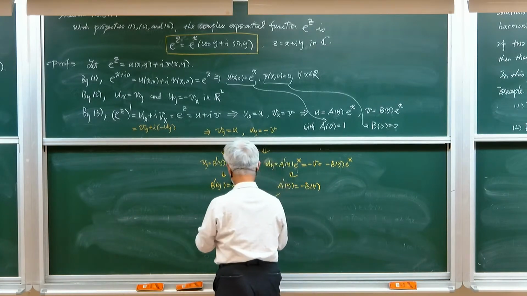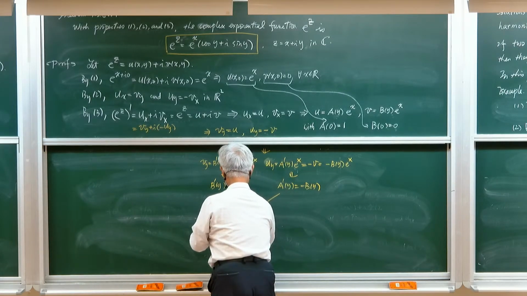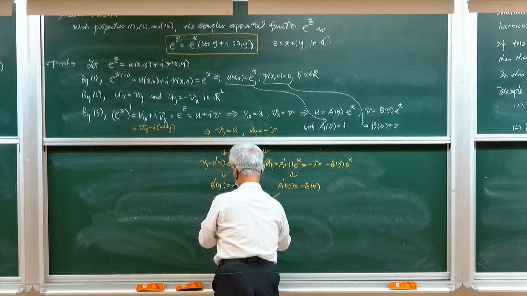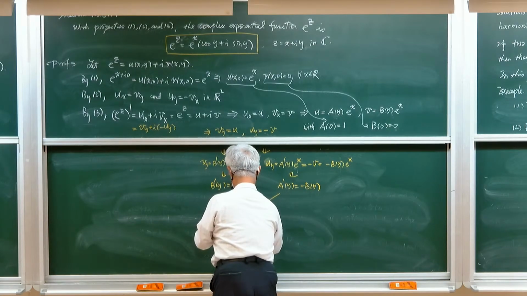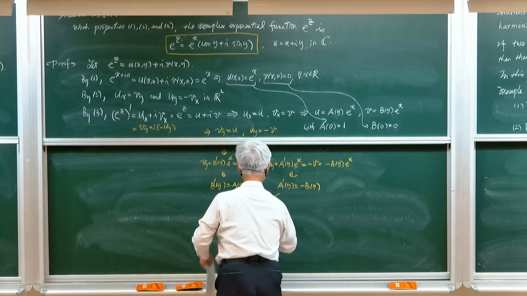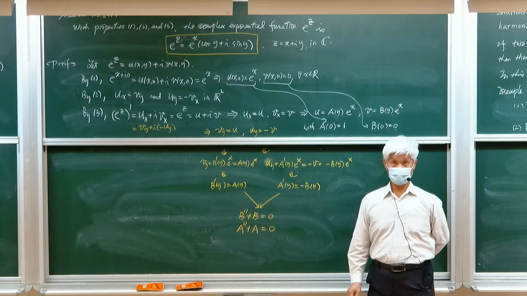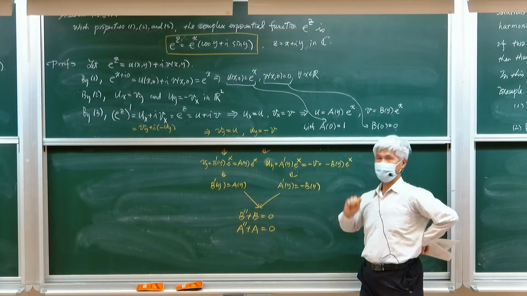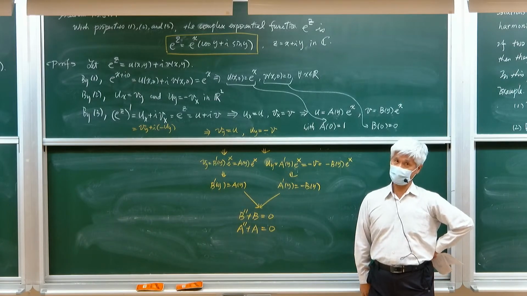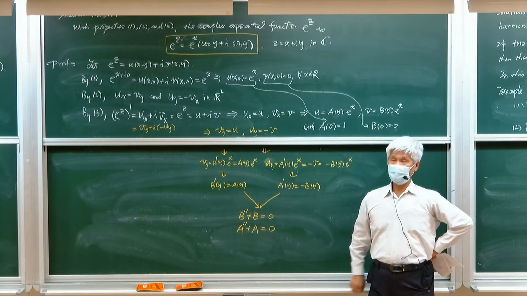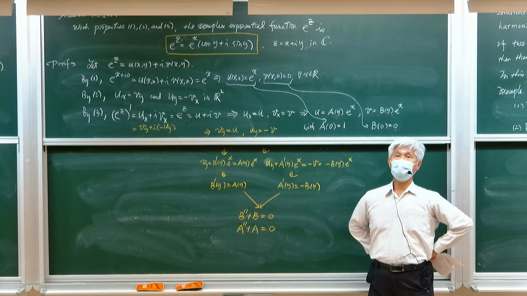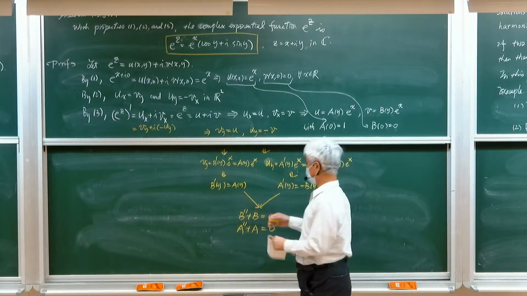We will see that B double prime plus B equals 0, and A double prime plus A equals 0. So we have harmonic equations. This is a second order ODE, and we know how to solve them.